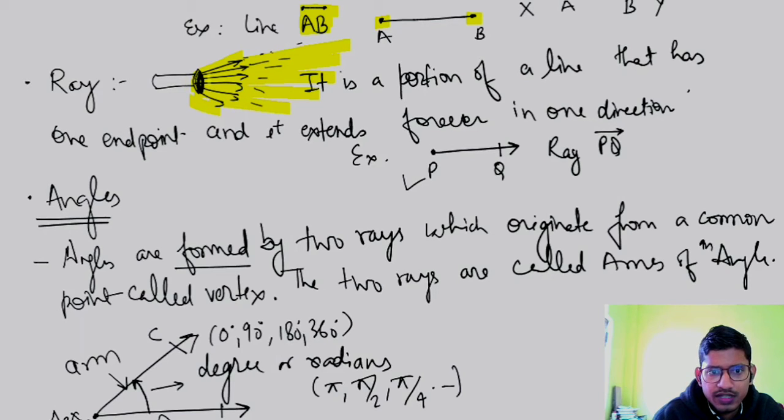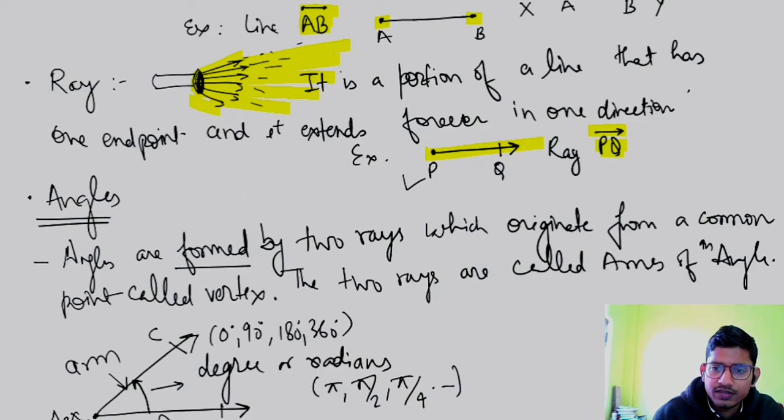So it has one end, like an LED or bulb; from the bulb it originates and moves towards infinity. This is the symbol of ray PQ. We write PQ, and on the top of it, we mark a small symbol of ray.